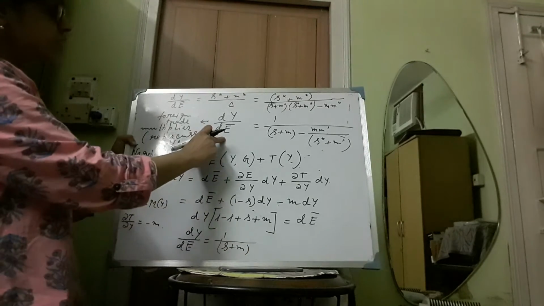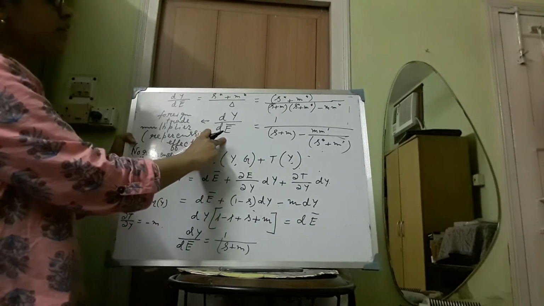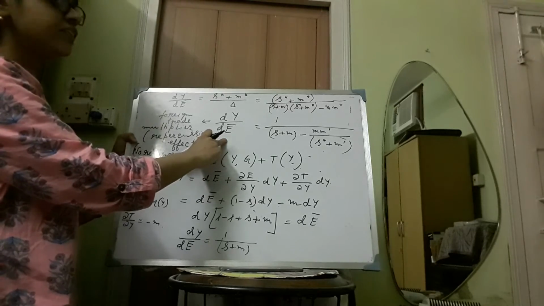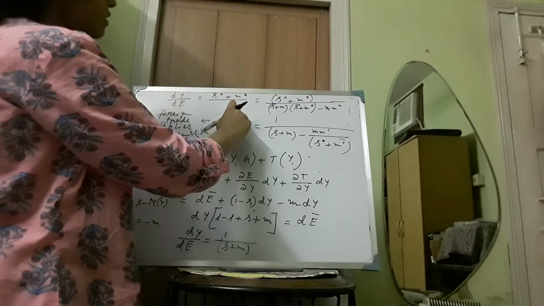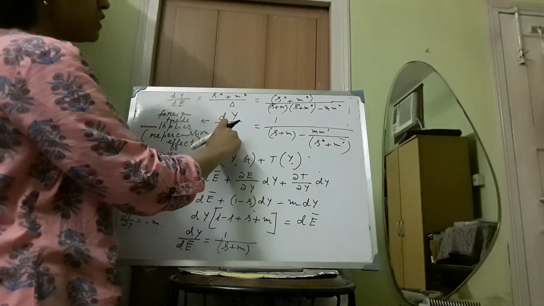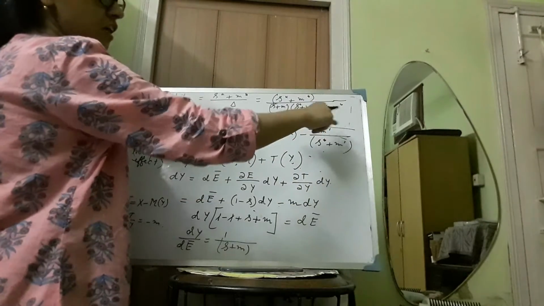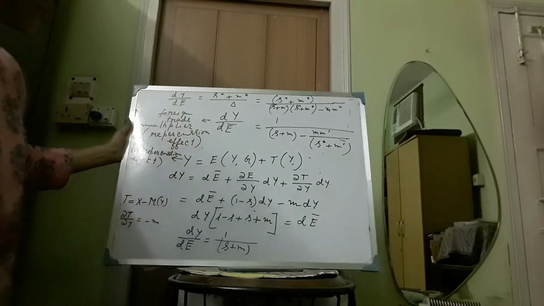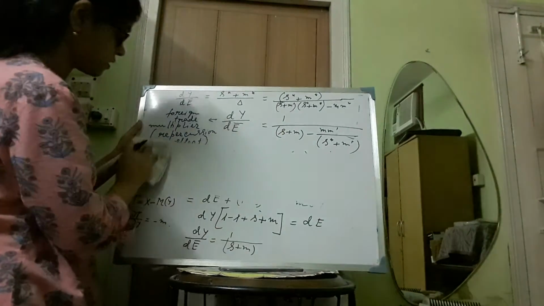And when there is a repercussion effect between the trading partners, and we are considering y star also, the influence of y on y star and the influence of y star on y, in that case the value of the foreign trade multiplier is 1 over s plus m minus this term. So let's compare these two terms. Which term is greater in value?